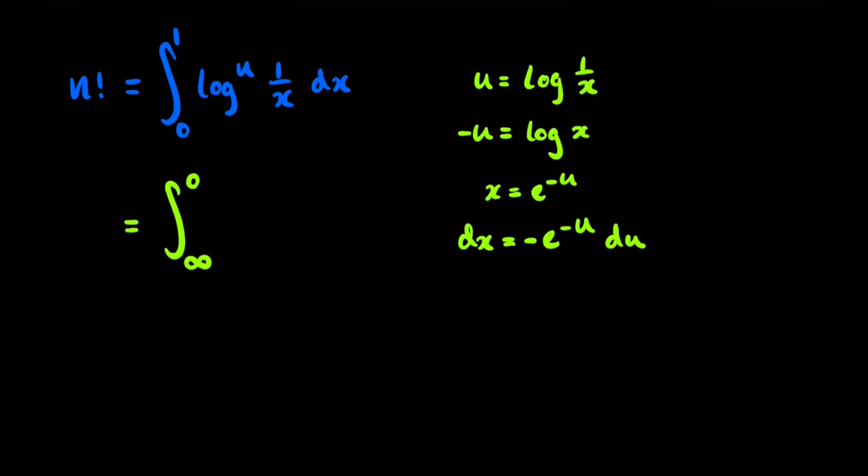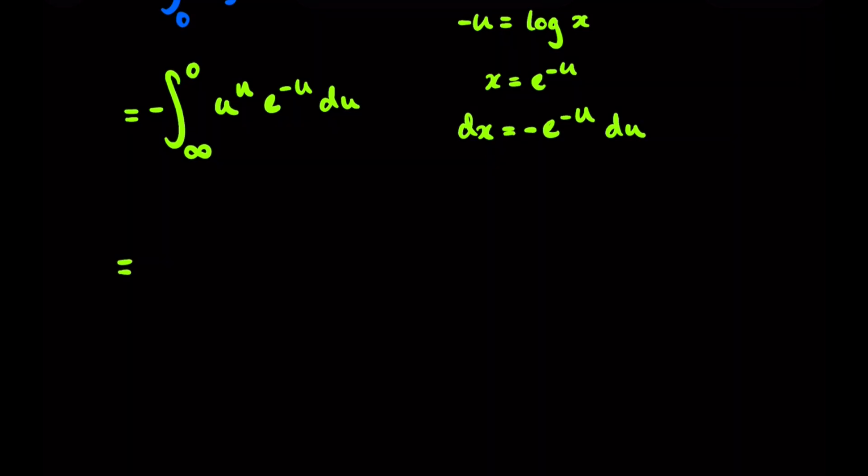And substituting log of 1 over x with u, we have u to the nth power times dx. And dx is equal to negative e to the negative u du. We can bring the negative outside the integral, and we have e to the negative u du.